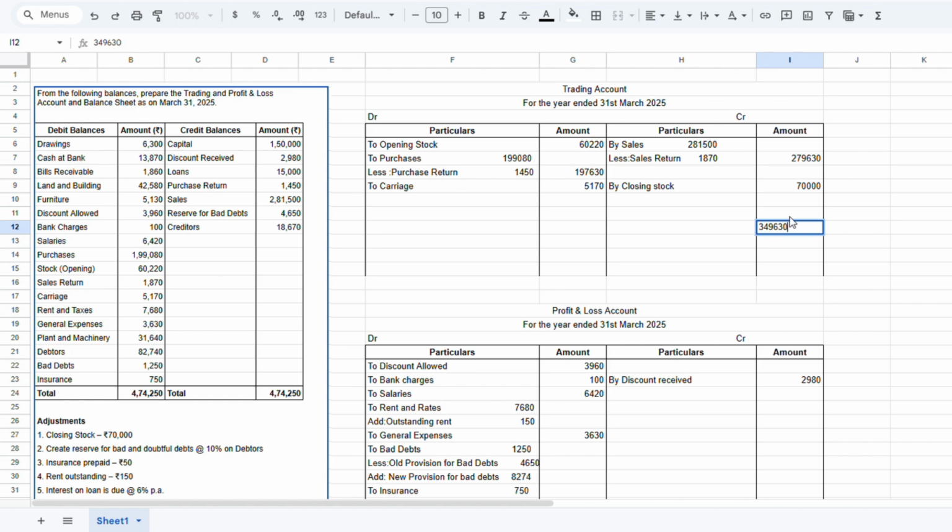Credit side is more, 3,49,630 on both sides.